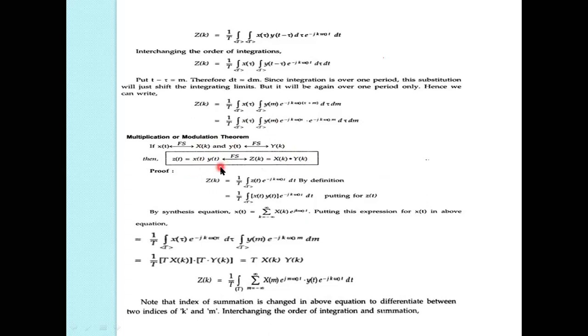Let us prove it in the same way, taking the analysis equation. Analysis equation: z of k is equal to 1 by T, the integral over T of z of t e power minus jk omega naught t dt, as per the definition of the exponential Fourier series.